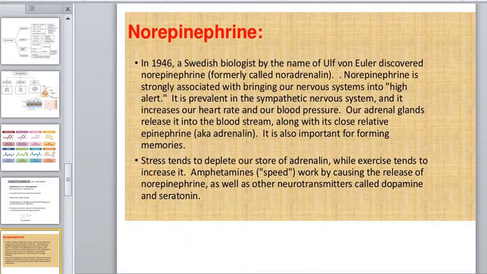In contrast to adrenaline, norepinephrine is predominantly a neurotransmitter that is occasionally released as a hormone.